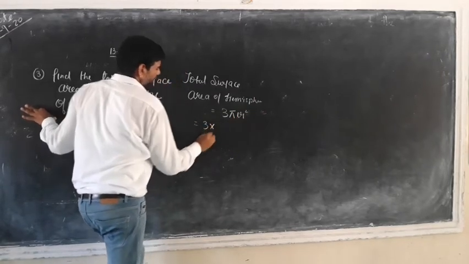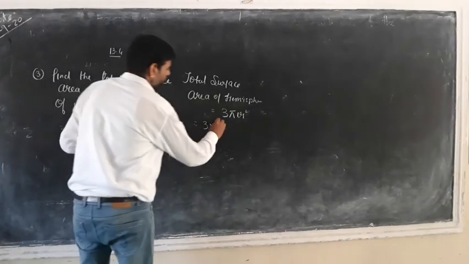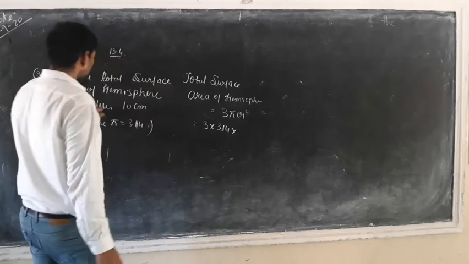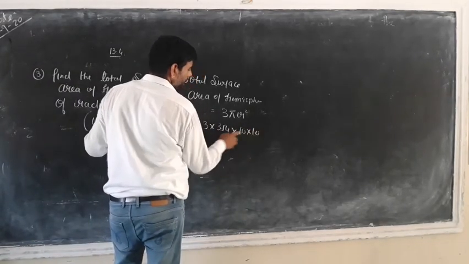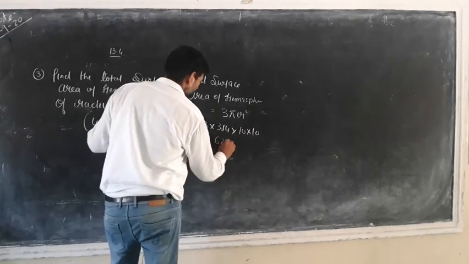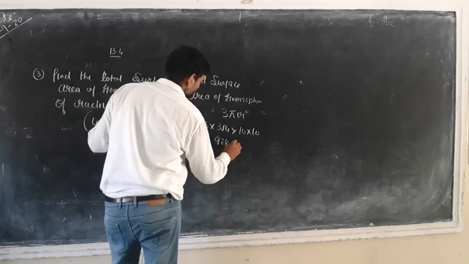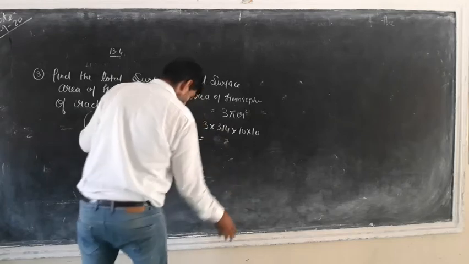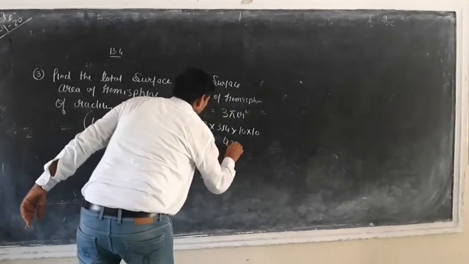The value of pi is 3.14 and the radius is 10, therefore 10 into 10 is 100, and 100 into 3.14 is equal to 314, so 314 into 3 is 942.